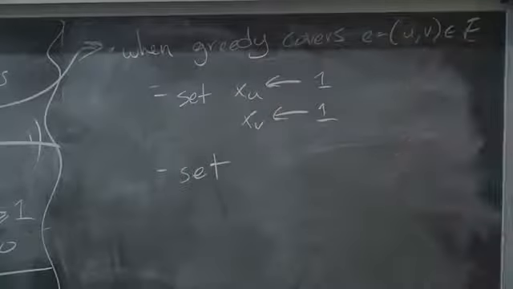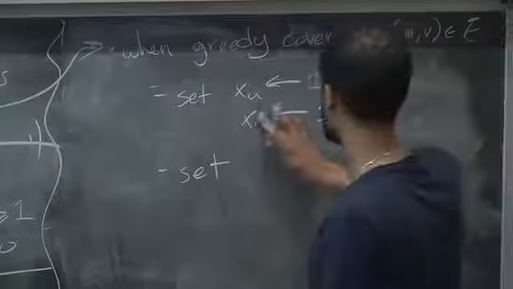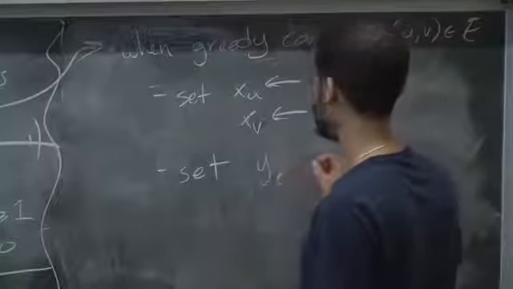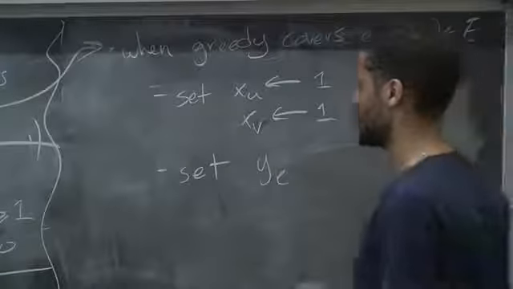Actually, this isn't even going to be dual fitting. This is just pure primal dual because we're going to get feasibility automatically. Set y sub e to 1.